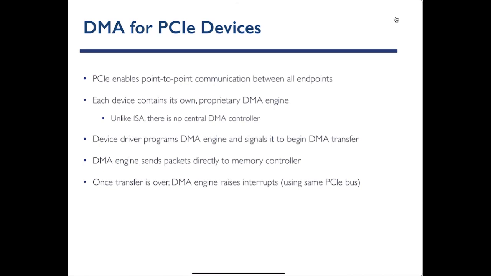So that when the device driver starts running, instead of communicating with a shared common DMA engine between all I/Os, it just talks to the proprietary DMA engine inside the device, giving it instructions, and then that DMA engine inside the device starts the transfer to or from the device. And once the data transfer is done, the device will interrupt the CPU.